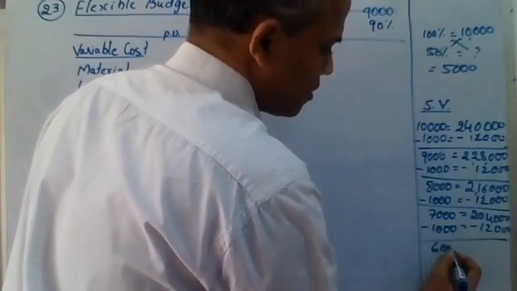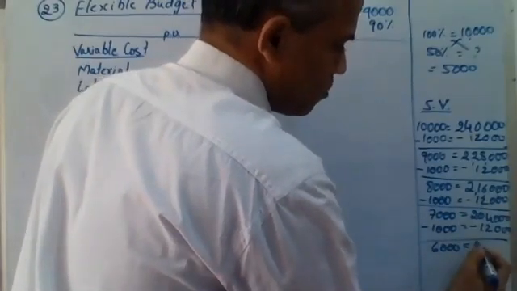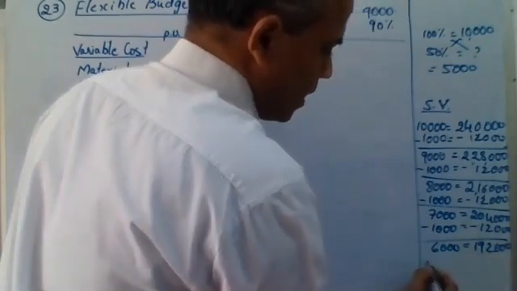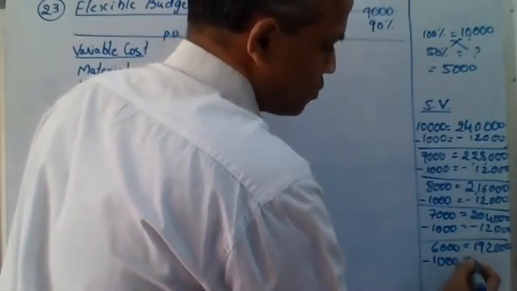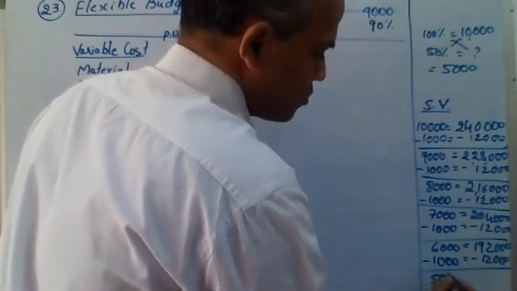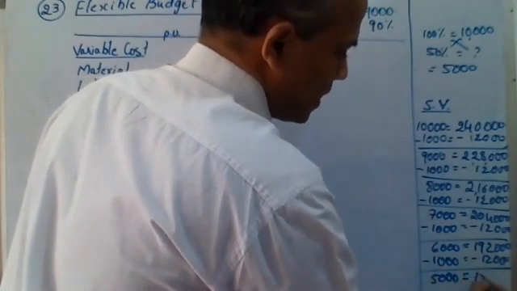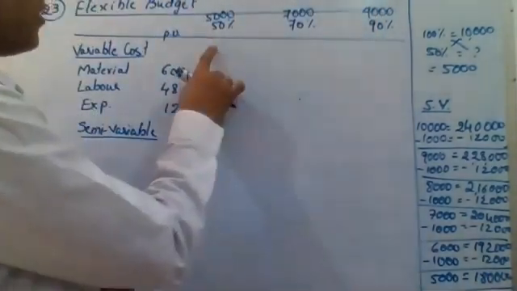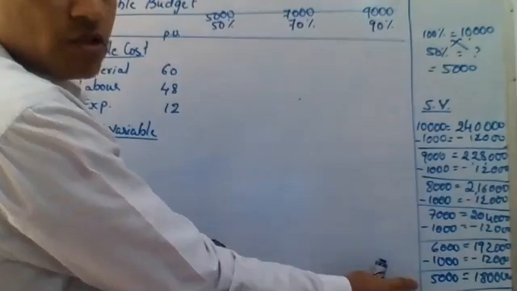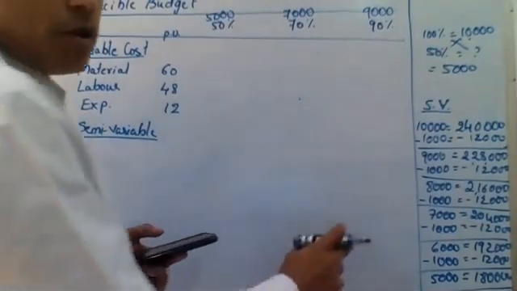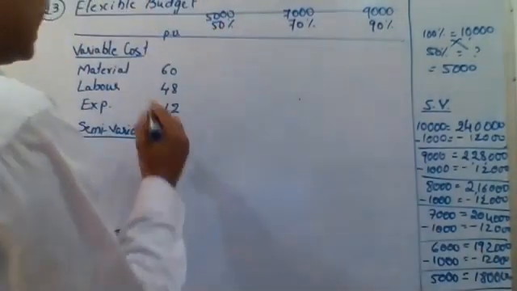That means for 6,000 units, the cost will be 1,92,000. And for another 1,000 units reduced, this will be another 12,000 reduced. So for 5,000 units, it will be 1,80,000 rupees. Why did I do this? Because I want it for 5,000 units. So at 5,000 units, the semi-variable cost is equal to 1,80,000.